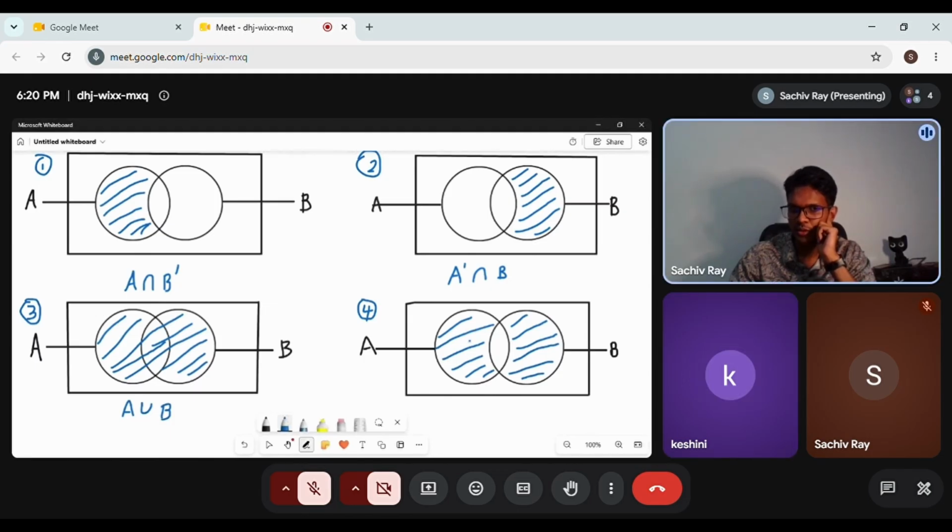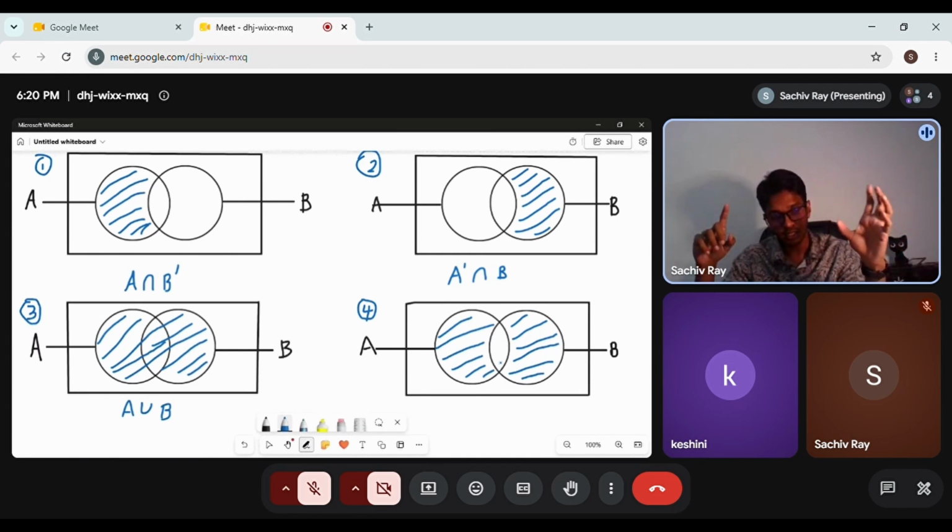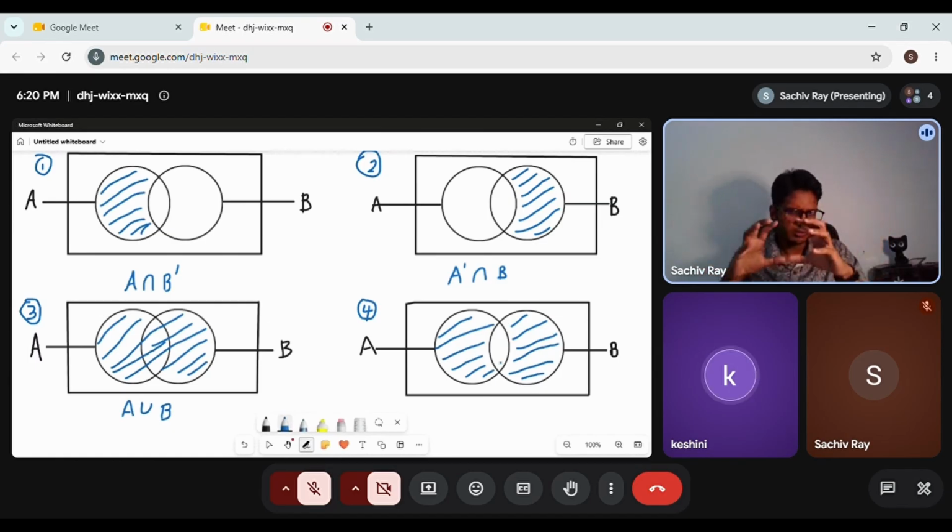A union B means we consider the full circle A and the full circle B. We consider both of them. So now we have the first part, A intersect B complement, and the second part, A complement intersect B, and then we make a union of them. We join them together.